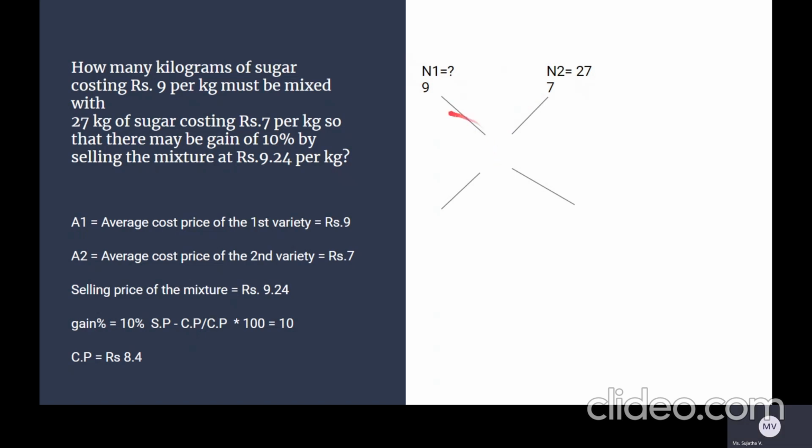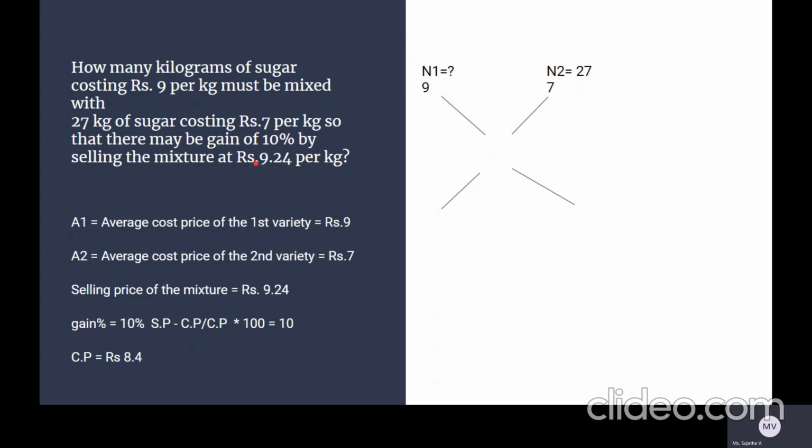This average cannot be greater than both these. It should lie between A1 and A2. A will lie between A1 and A2 because A is the average of A1 and A2, right? So it can never be more than this and this. Okay, so 9.24 cannot be put here, right? Because it is not the cost price, it is the selling price.